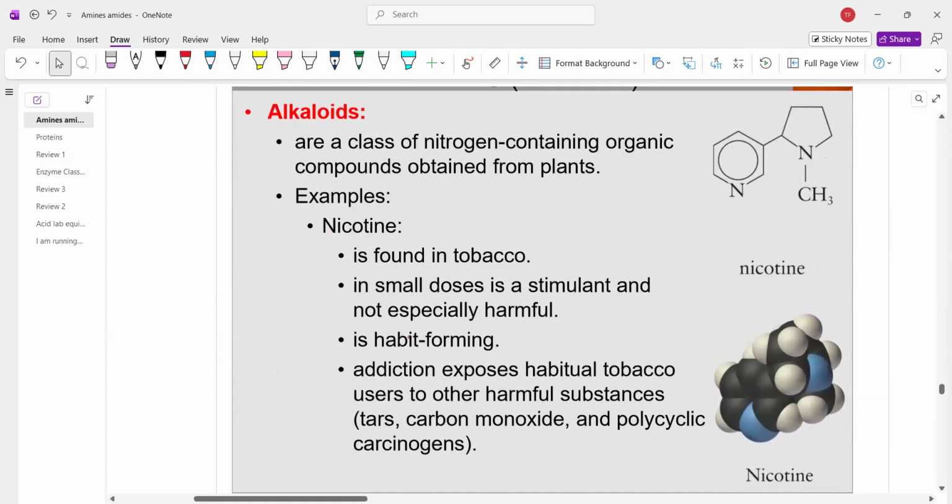Alkaloids are another very large class of organic compounds. And this is what upsets me, actually, that we're continually burning down and stripping our rainforests of natural habitat to raise cattle.